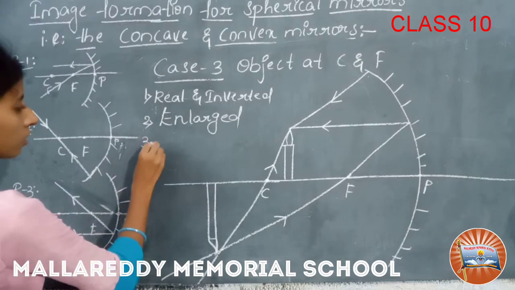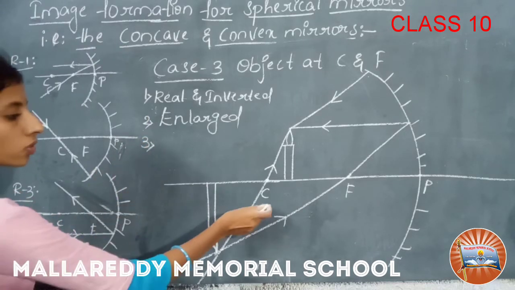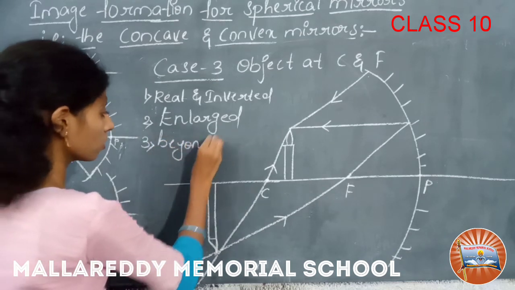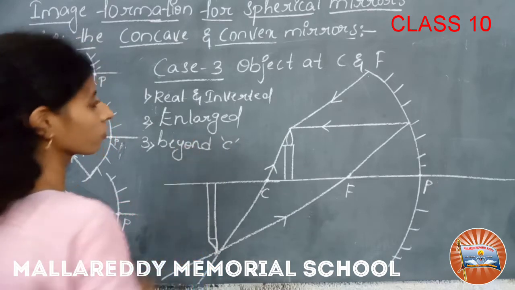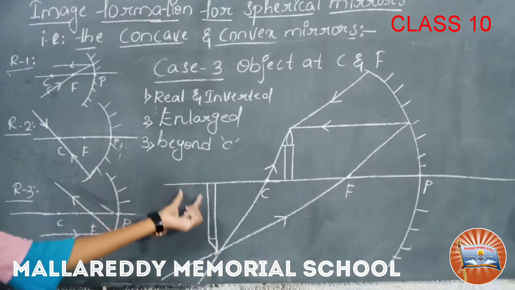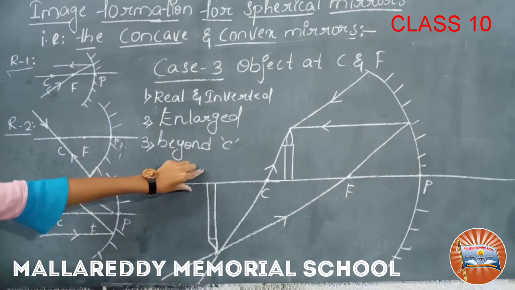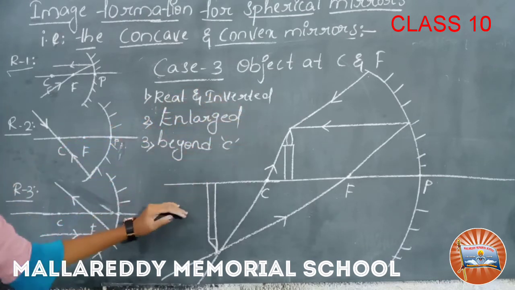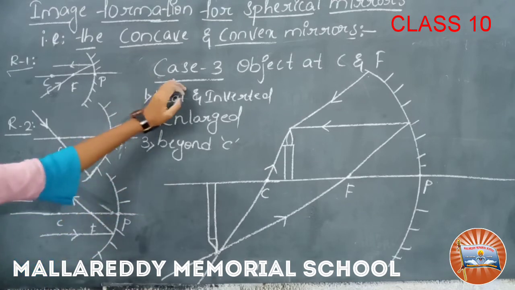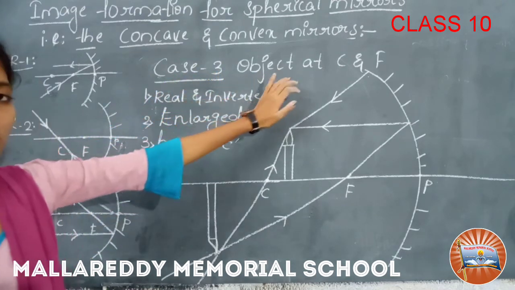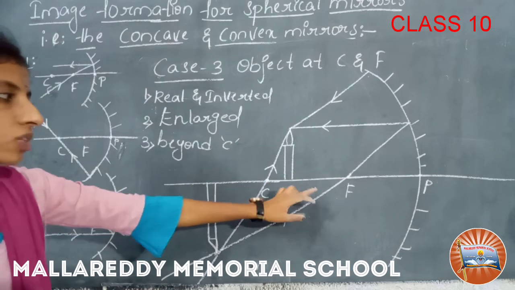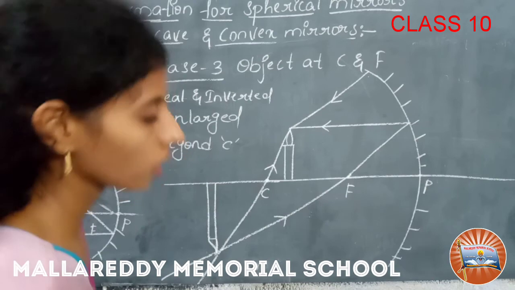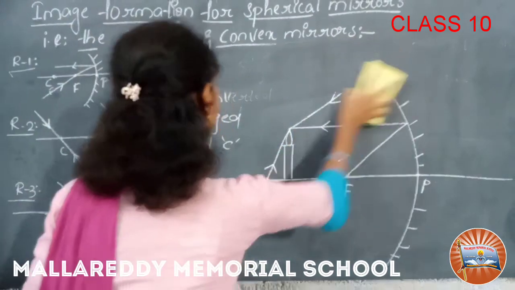And the position of the image is beyond C, right? So here the position of the image is beyond C and it is enlarged, real and inverted image. So this is case 3 when we are taking the object between center of curvature and principal focus. Okay. Now next case 4.